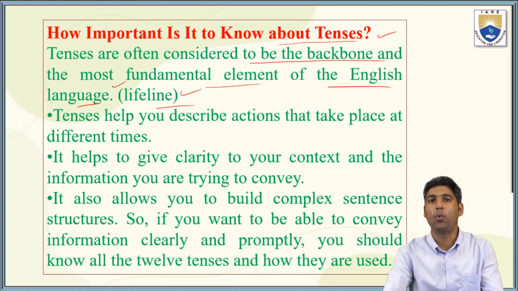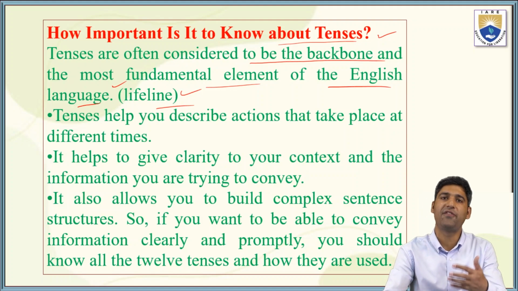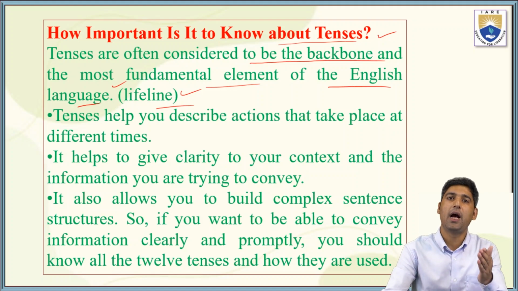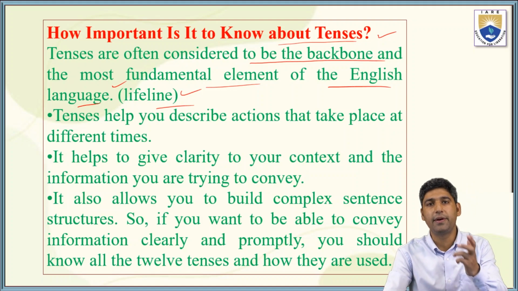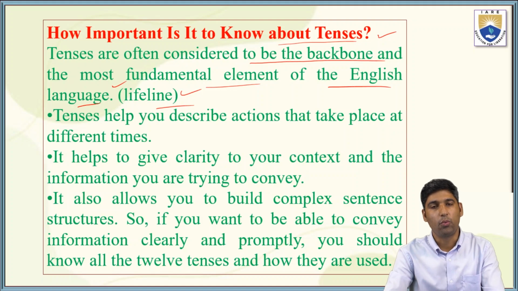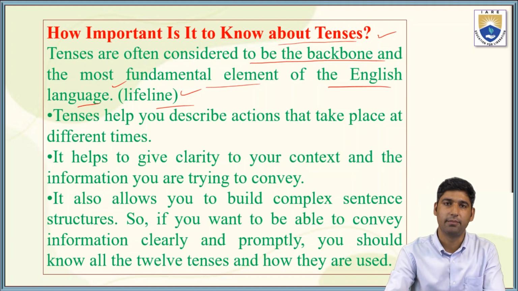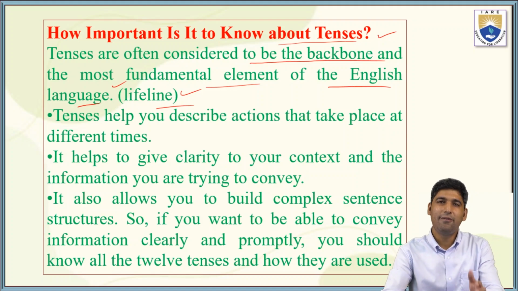Because we cannot show the variations of time, we cannot show different actions which we are doing or have done at different time intervals. Without the knowledge of tenses, we cannot talk about them. It will feel very ridiculous.